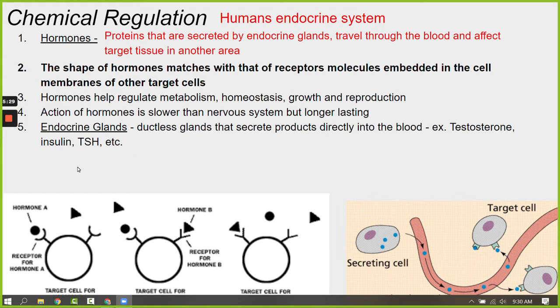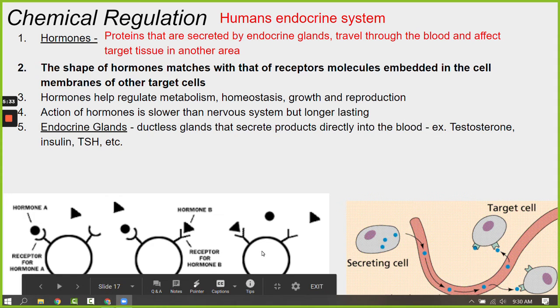Hormone A, is it going to have any effect on this cell? This is hormone A. Not going to affect the cell because this cell doesn't have any receptor molecules that match up with it. Is it going to affect this cell? Yeah, because again, this has a receptor molecule that matches up.